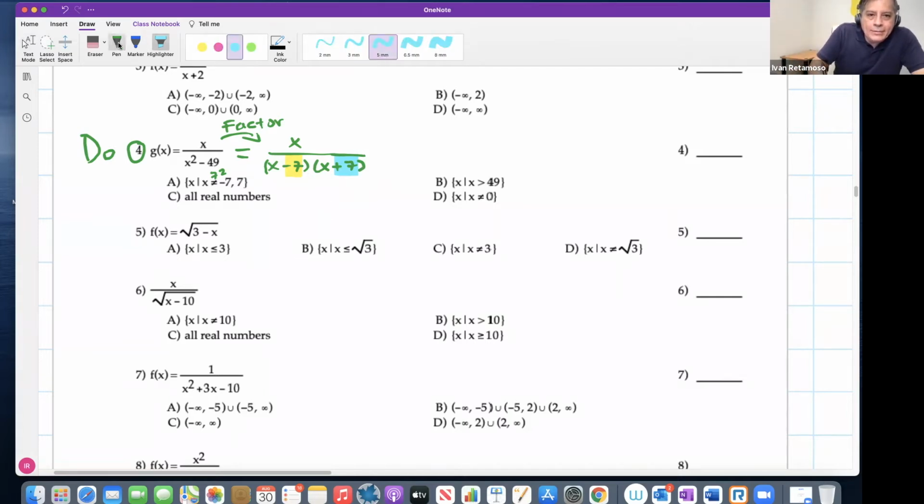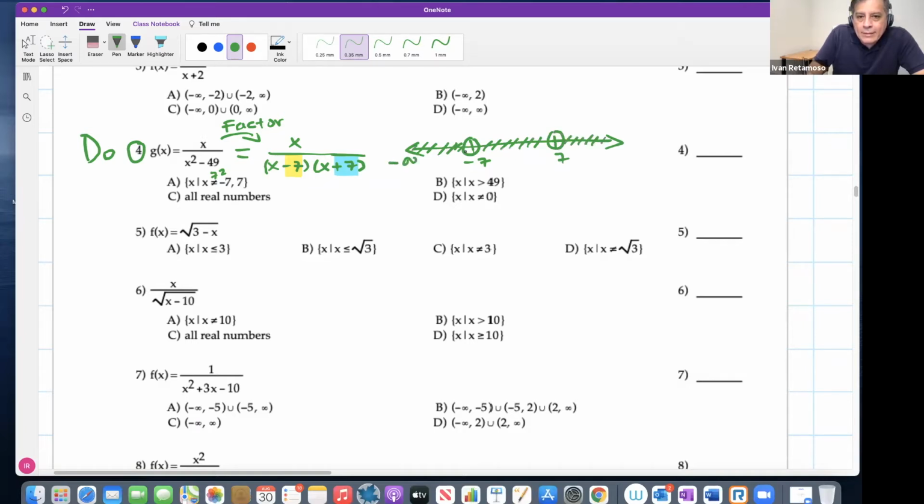So basically, you just draw a number line, set -7 here on the left of 7. Important that you set them in order. And then hollow circles, or empty circles, and then you shade or color the rest. Everything except for -7 and 7.